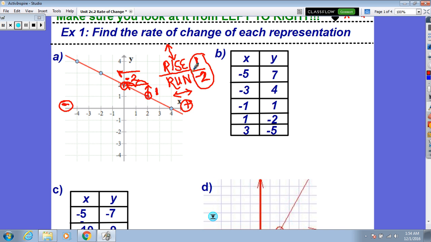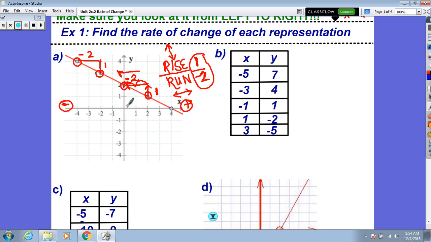And the rate of change will be the same no matter what 2 points you pick. Notice if I went from this dot to this dot, I still have to go up 1 and over 2 in a negative direction. So whenever you have a linear function, the slope is constant. It will always be the same no matter what 2 points you pick on that graph.